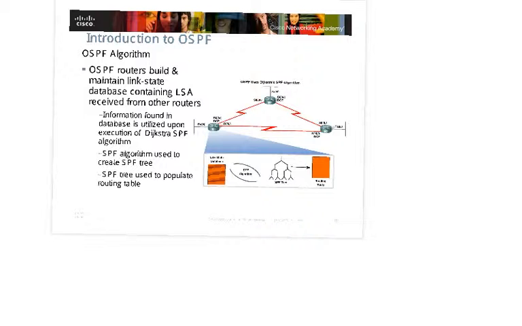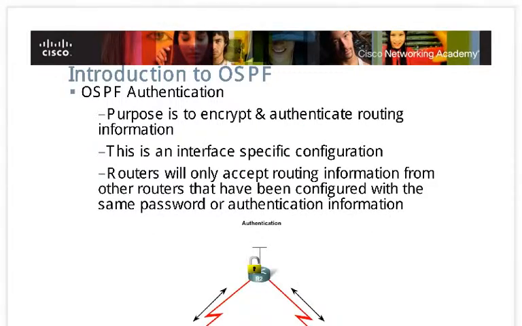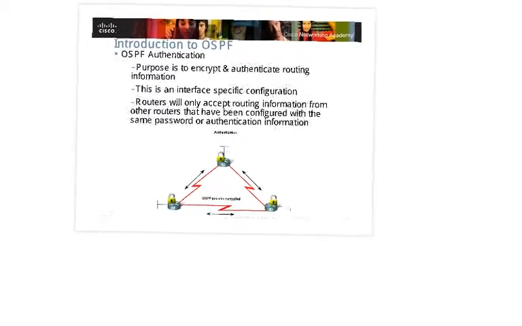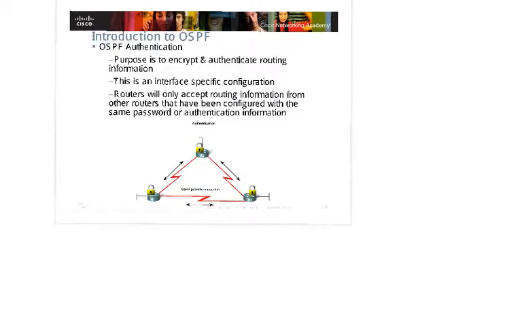Okay? Of course, this is quite similar to EIGRP. OSPF again uses authentication, and as we discussed in the OSPF packet header, we have authentication information that has to be exchanged between the routers, and this includes certificates and so on, which facilitate the authentication between the different routers.